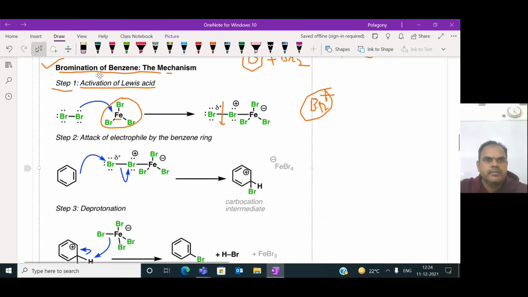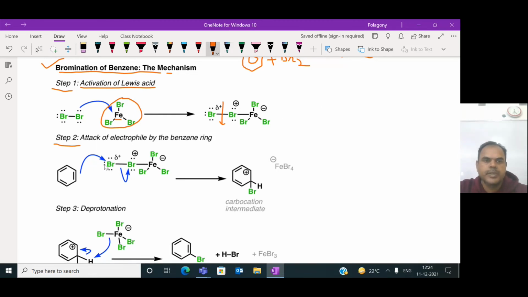Step 2 of the mechanism: the generated electrophile attacks the benzene ring.